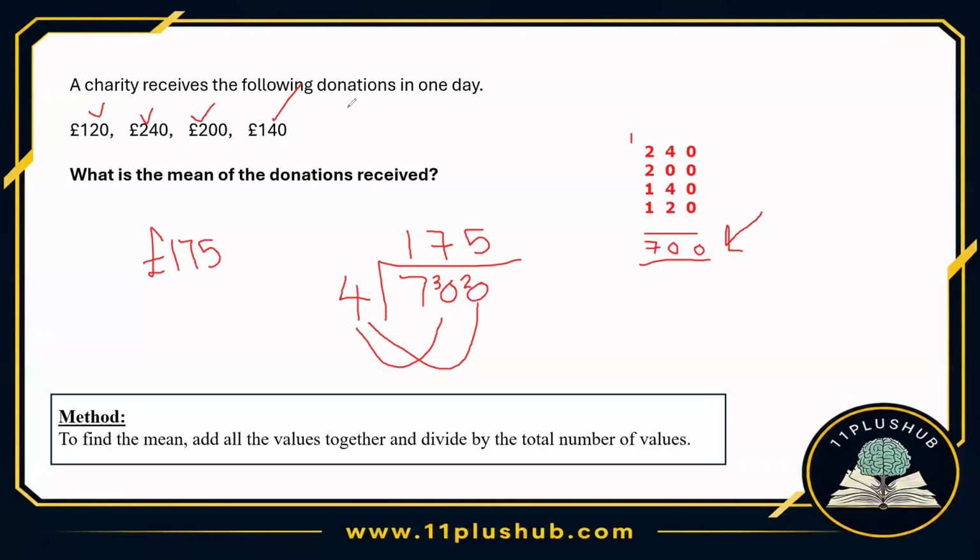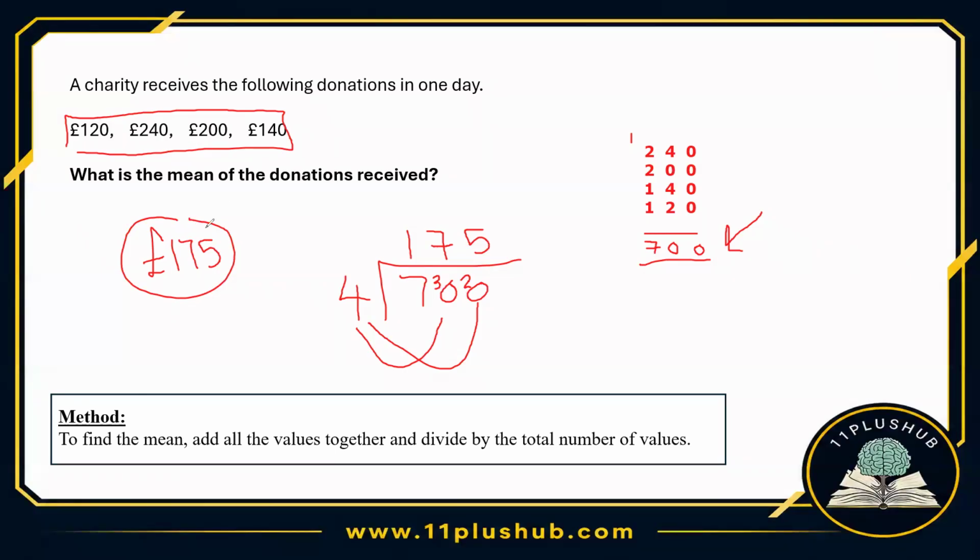By the way, when you're doing questions like this in the exam, when you get your answer, have a look to see if it looks sensible and reasonable. If I'm trying to find a number that represents all of those, then the number 175 kind of does. It would float around the middle because 240 is higher and 120 is lower.